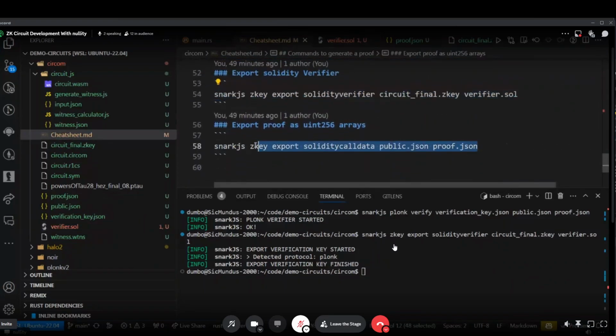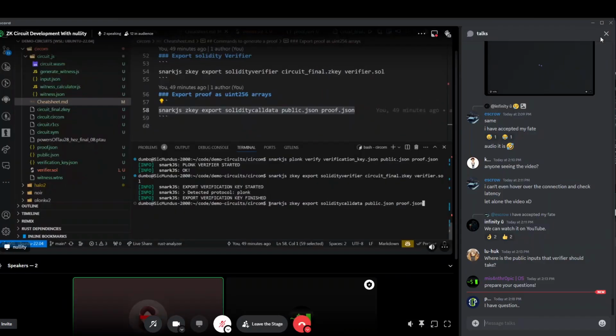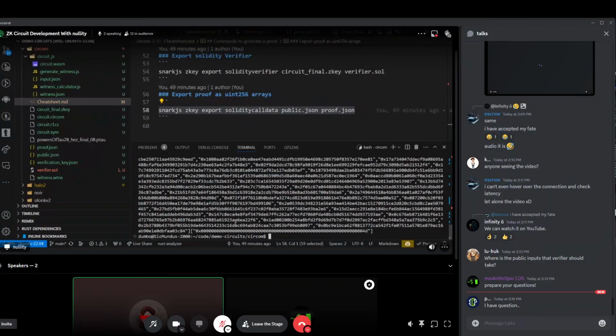Now we're going to transform our proof into a more readable format, like an array of uint256 numbers, so we could feed it to our Solidity contract. So it's just messing around with our proof. Yeah, here we go. This is our proof, just a bunch of numbers.